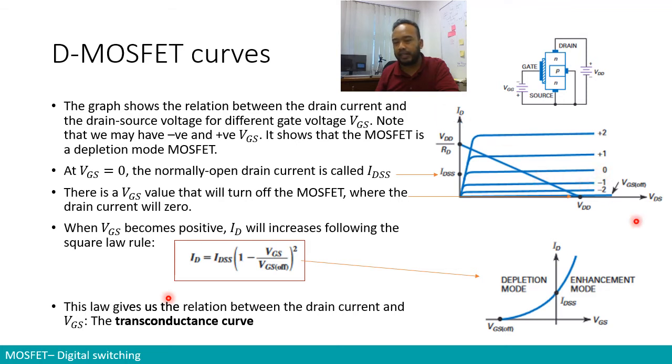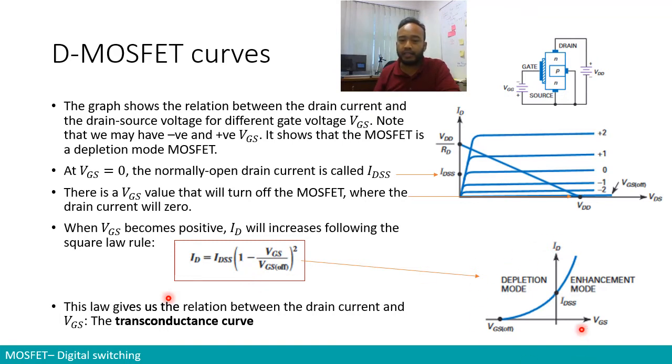The curve that we have here is the relation between ID and VDS, the drain current and the voltage across drain and source. If you want to plot the graph between ID, the drain current, and VGS, we have the graph over here. It is explained by this equation, the square law rule.